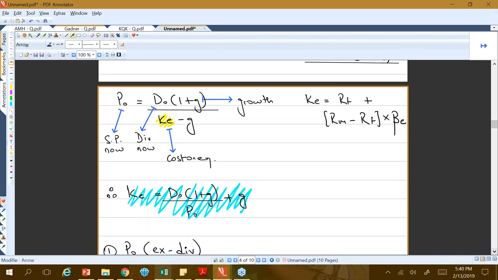A really small calculation. RF is the risk-free rate or the Goodman's rate. RM is the average return in the market. And this is the beta equity. The calculation is not difficult, it's very straightforward.